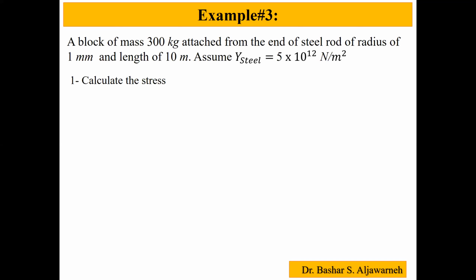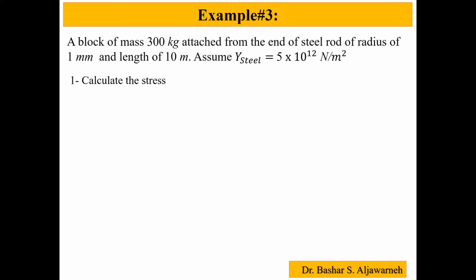Okay, imagine the rod all the way along the y-axis, and there is a block of mass 300 kilogram attached from the end of this rod. Now, clearly, the force due to this block is the weight and all the way down.